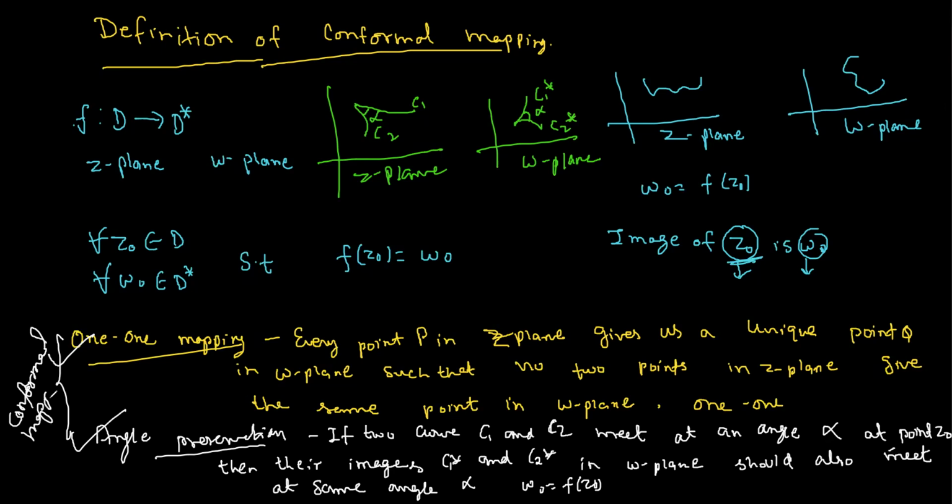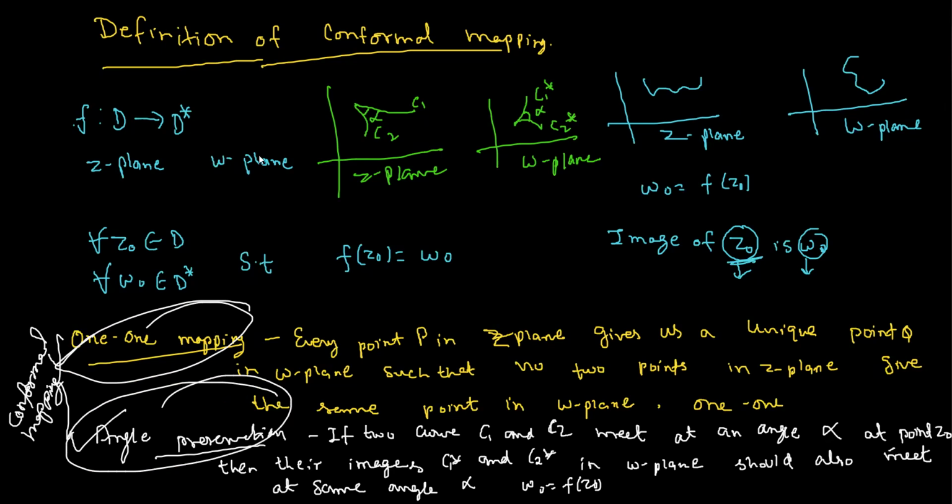So if I ask you what is conformal mapping, you can say that it is a mapping or transformation which satisfies two conditions: it is a 1-1 function and the angle is preserved. Angle preservation means that if two curves meet at angle alpha, then their images should also meet at the same angle alpha.